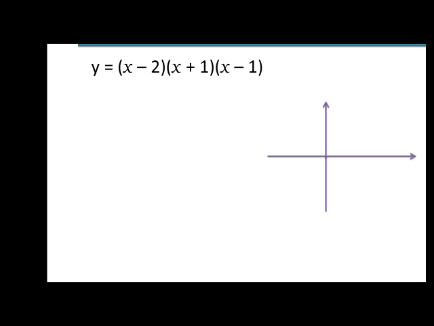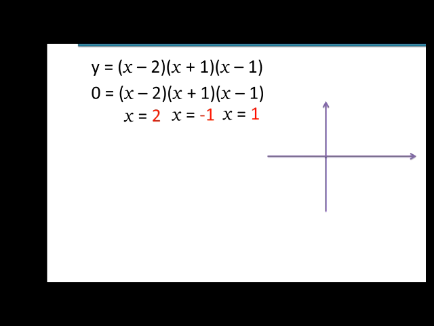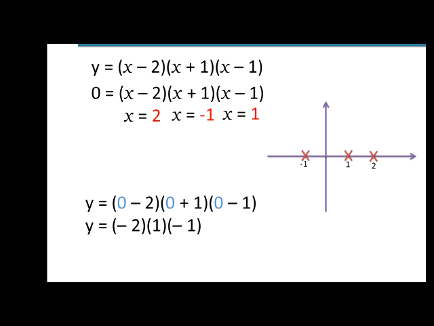Let's have a look at another one. So here we have, again, very similar. Put it equal to 0. When y is 0, we can find out the roots. And now I'm just going to do the shortcut. Just swap the signs. So there they are. Put the x equal to 0, multiply those together, and we'll get the y-intercept of 2.